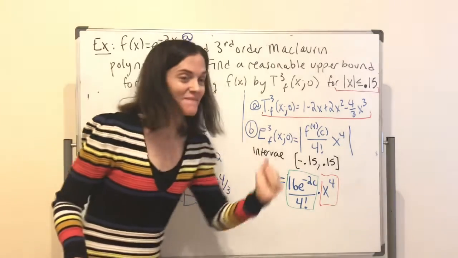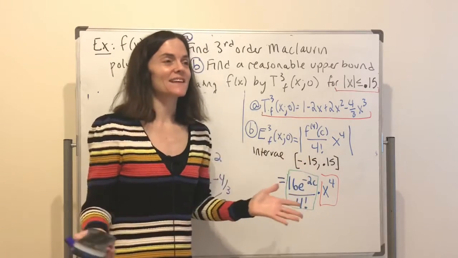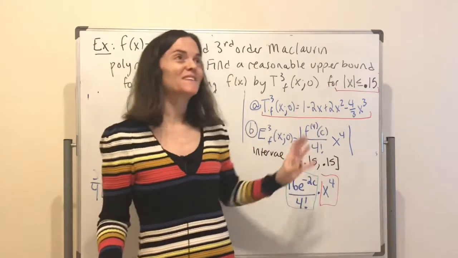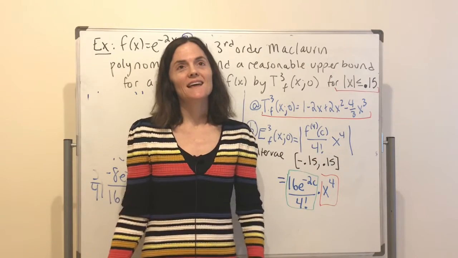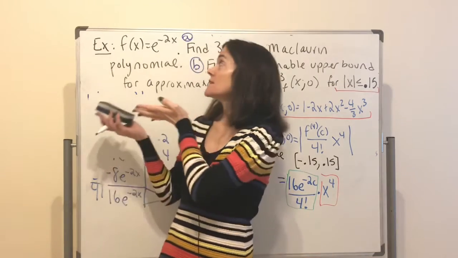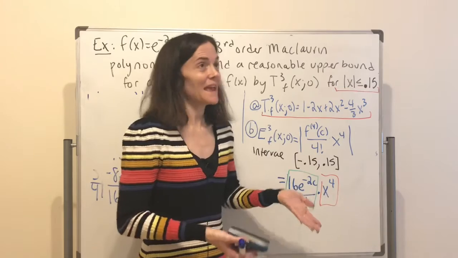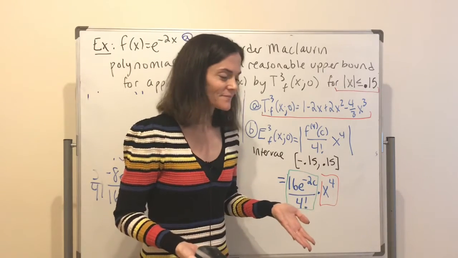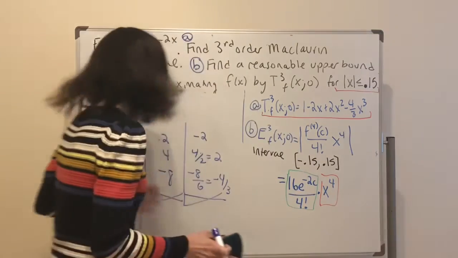If I'm approximating e to a power, I don't want to say that my error is less than or equal to some number that has e to a power in it. That's kind of circular in the reasoning. And if I was legitimately approximating e to a power, knowing that my error in that approximation was less than e to a power, it wouldn't really tell me that much information.